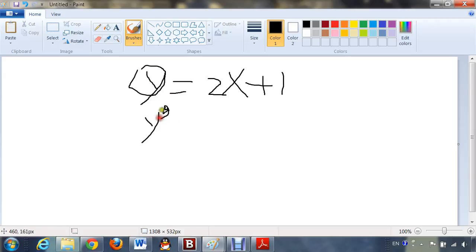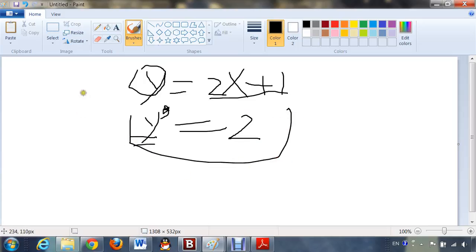You may think it's 1, but it's not, because you are trying to find y prime, so you cannot make the derivative of y equal 1. So you take the derivative of y, which is y prime, and the derivative of 2x plus 1 is just 2. So you solve the problem this way.